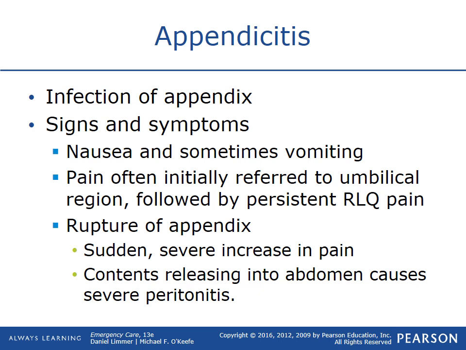So if you have appendicitis, you might feel it around your belly button, and then it ends up in the right lower quadrant, which is where the appendix is. Now, the appendix can rupture, and that's a sudden severe increase in pain. And then it's a hollow organ, so once again the contents release into the abdomen, and it'll cause a severe peritonitis.